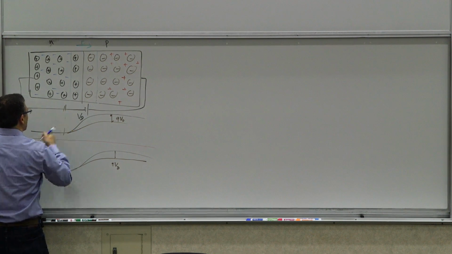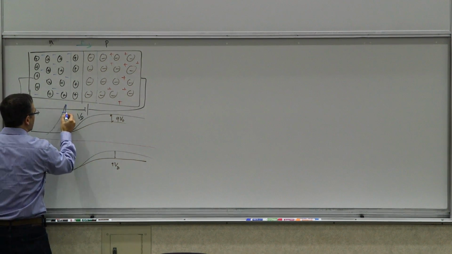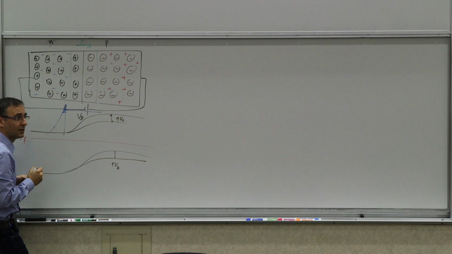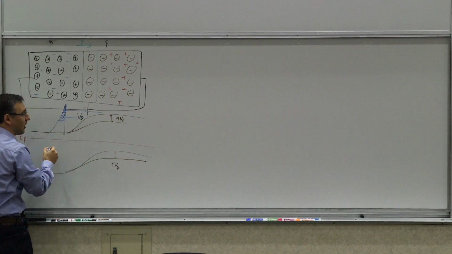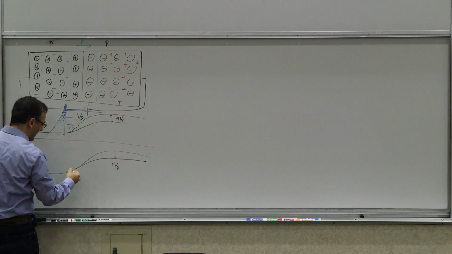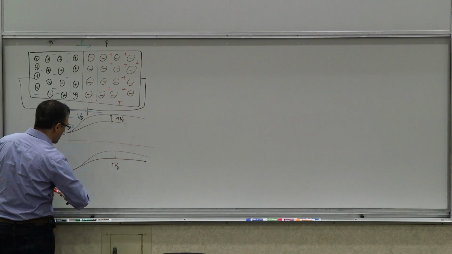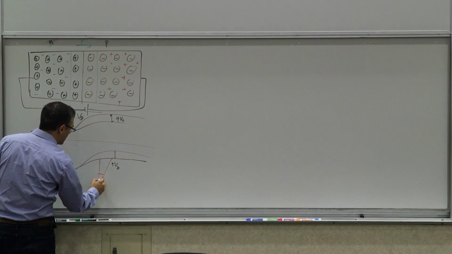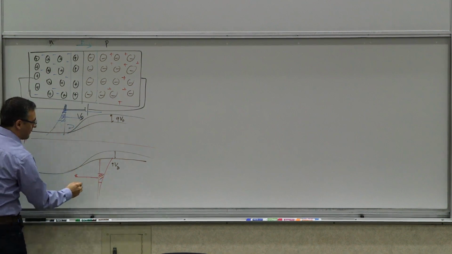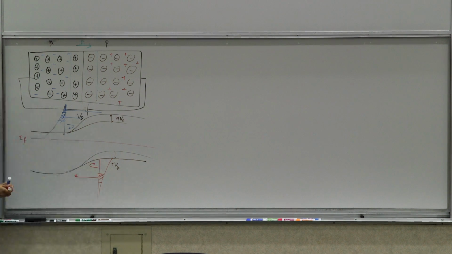So you have electrons on this side. Before, only these electrons were hot enough to cross. Now by lowering the potential barrier, you have a whole bunch of new ones that can cross. And these guys are still bounced back. And the same thing is true for the holes. You've lowered the potential barrier for the holes. So now a whole bunch of new ones that couldn't pass can pass now. Right? So this was the picture that we had.